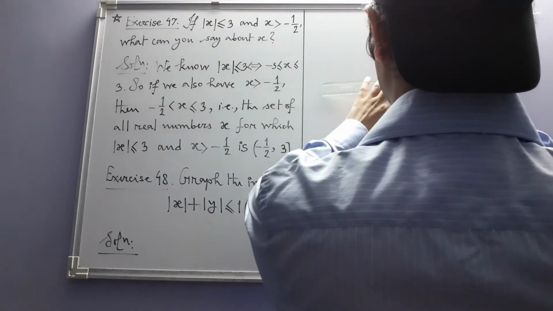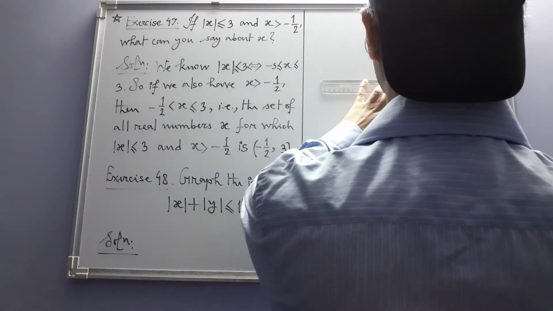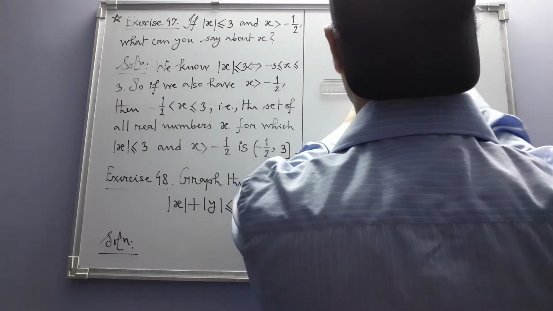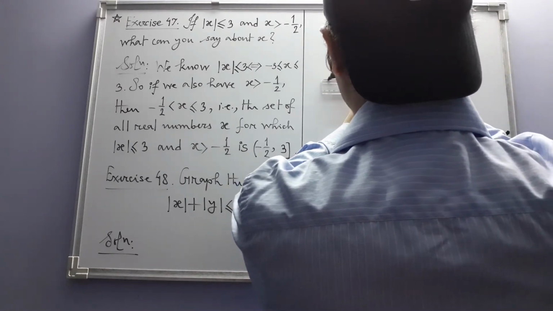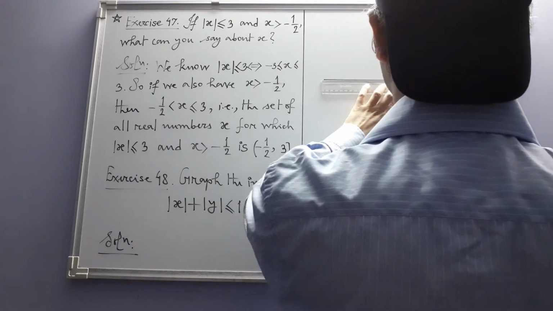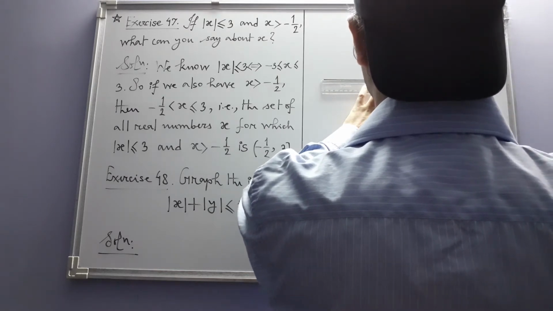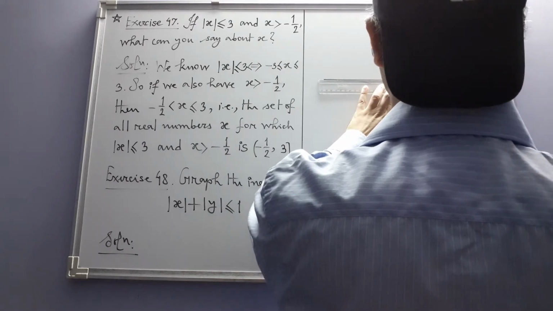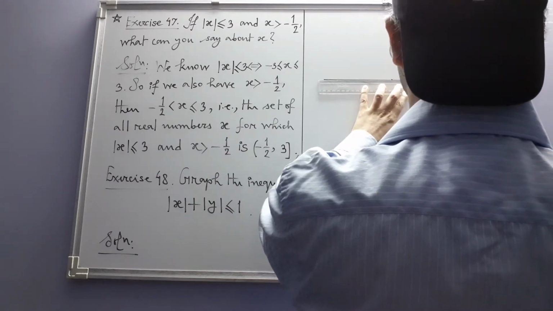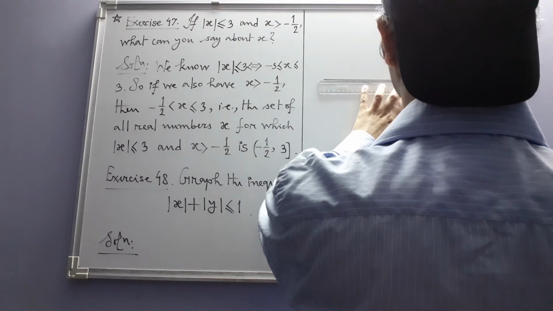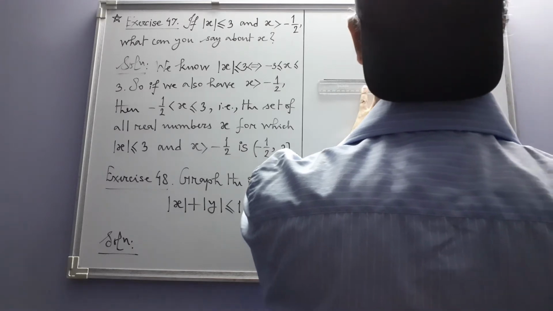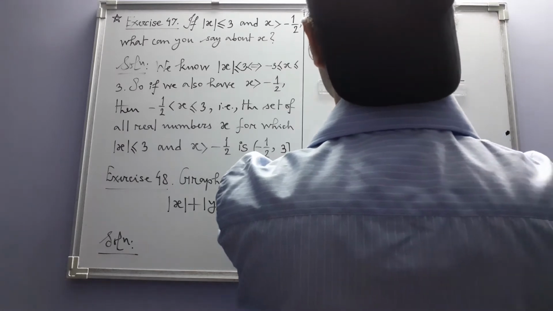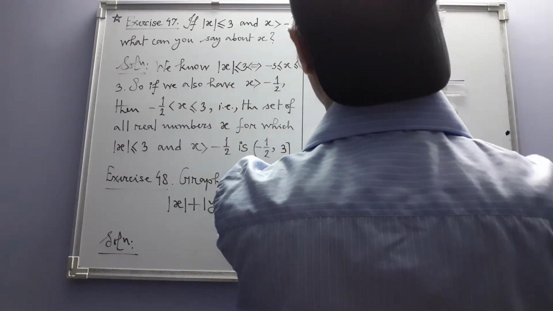So let us carefully draw two axes. Our x-axis, where say this is the origin, and from the origin let's consider this as 1 unit distance. On that side also we identify this.